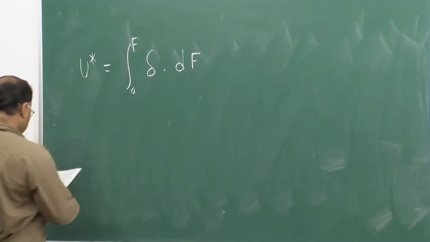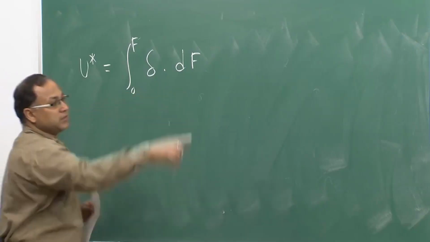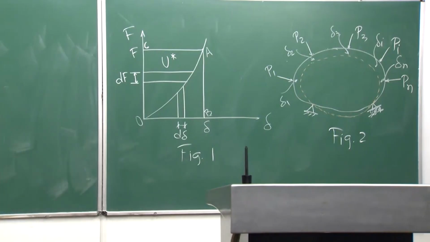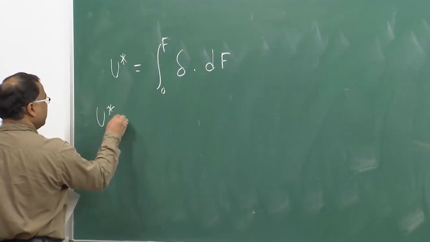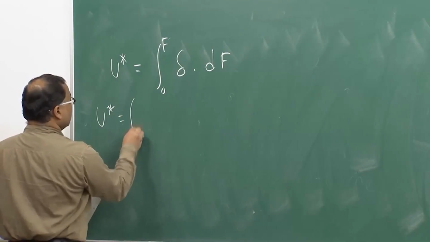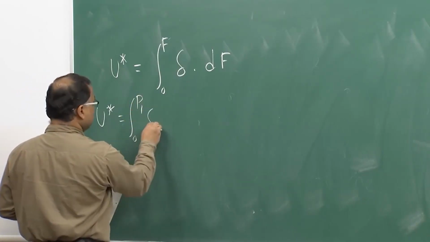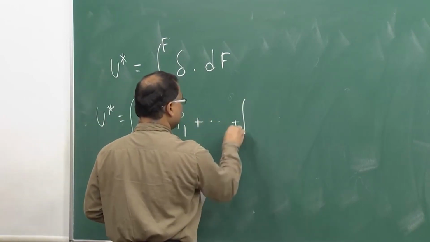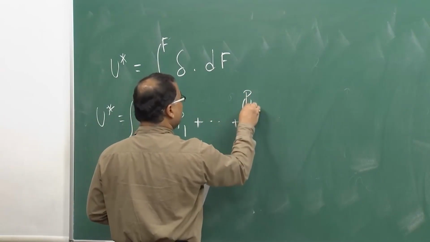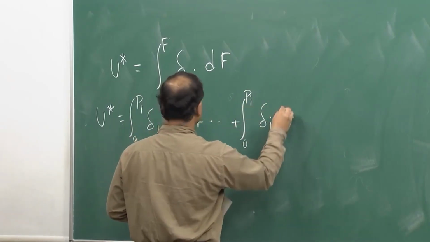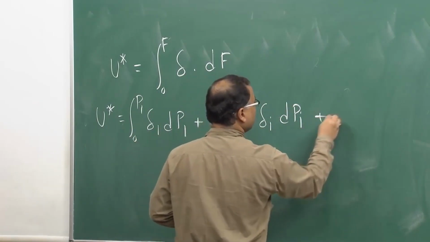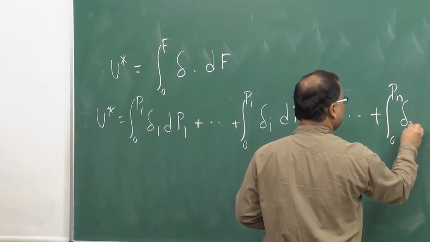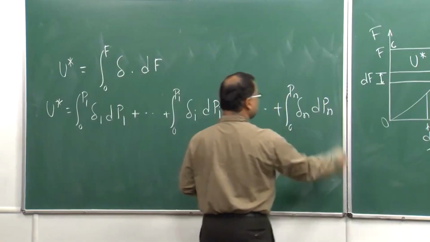Considering the whole body you have seen here, I can write the complementary energy equal to integral 0 to P1 of delta 1 dP1, plus integral 0 to Pi of delta i dPi, plus integral 0 to Pn of delta n dPn.